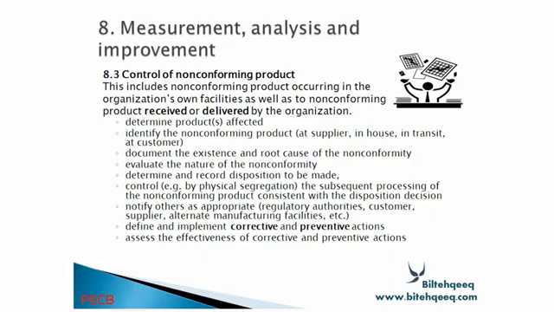Determine products affected, identify the non-conforming product at supply, in-house, in transit, at customer, document the existence and root cause of the non-conformity, evaluate the nature of the non-conformity, determine and record a disposition to be made, control by physical segregation the subsequent processing of the non-conforming product, consistent with the disposition.